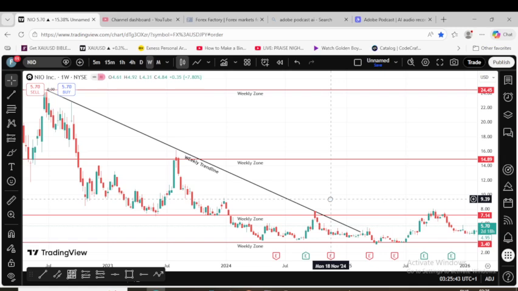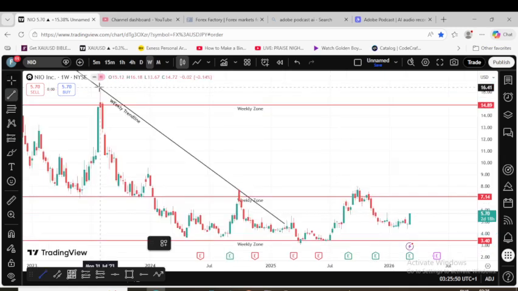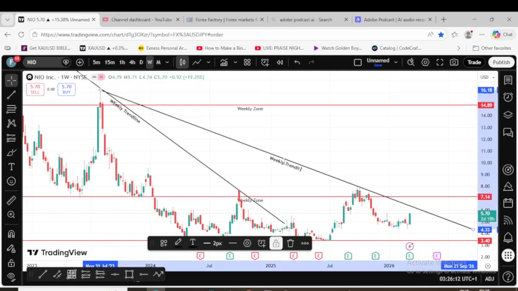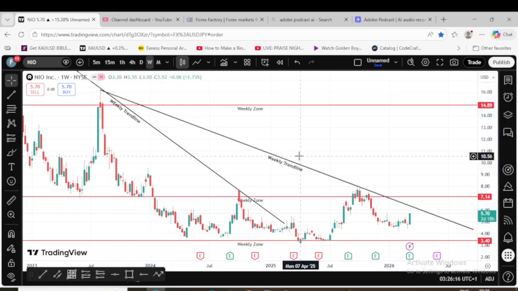We can also draw a trend line like this. This is our weekly trend line. Alright, now let's go down to the daily time frame.